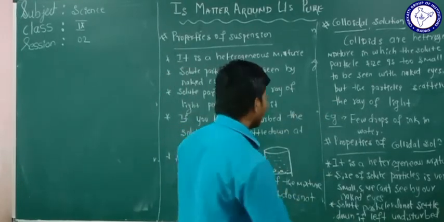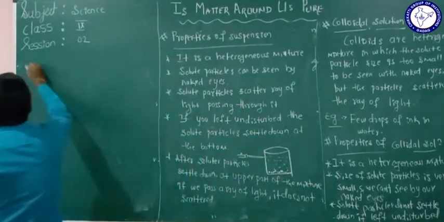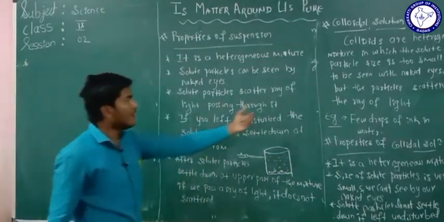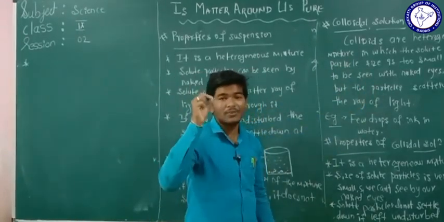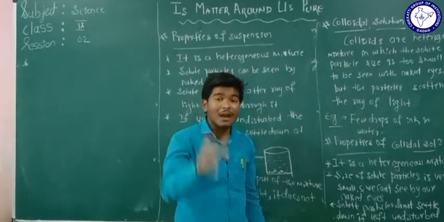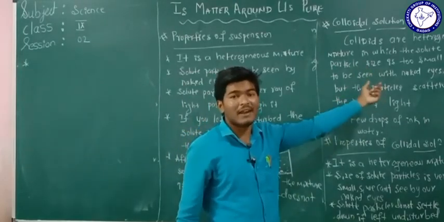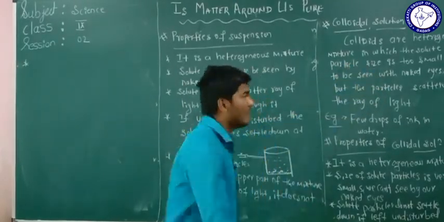Another property of the colloidal solution: as we know already, the size of the solute particles present in the colloidal solution is very small, but they also scatter the ray of light. It is very important.